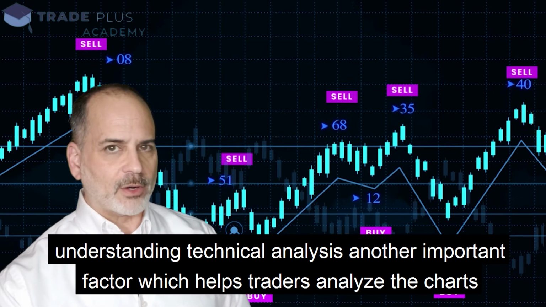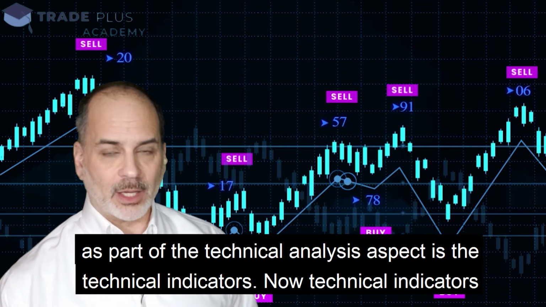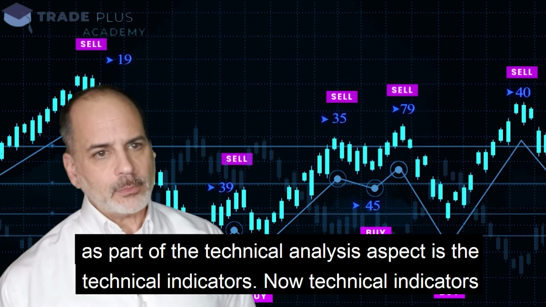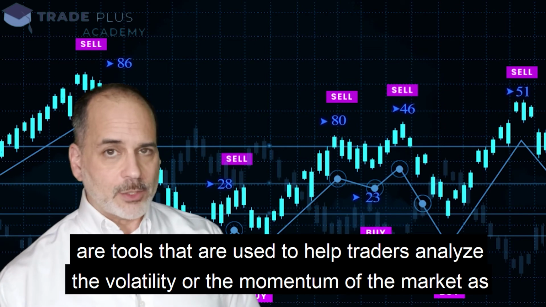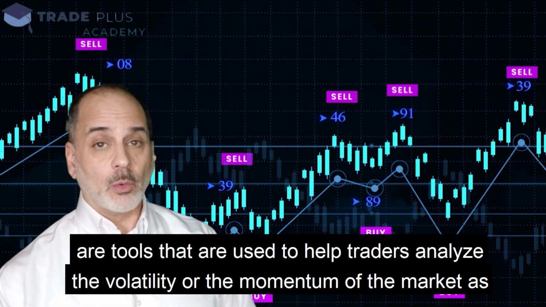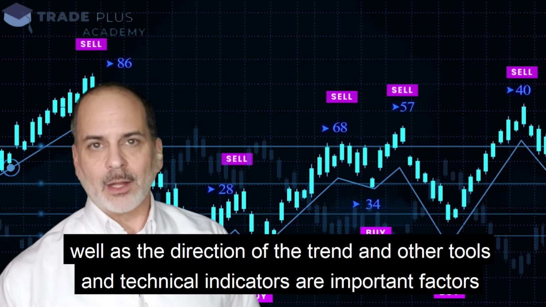Another important factor which helps traders analyze the charts as part of technical analysis is the technical indicators. Now, technical indicators are tools that are used to help traders analyze the volatility or the momentum of the market, as well as the direction of the trend and other tools.